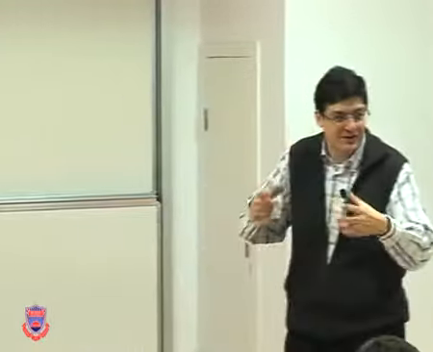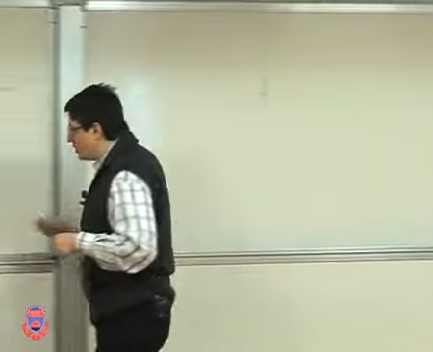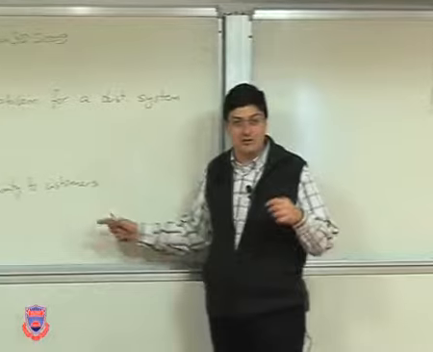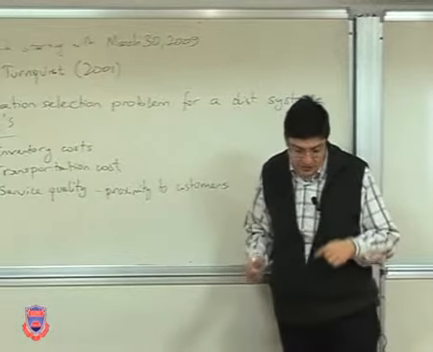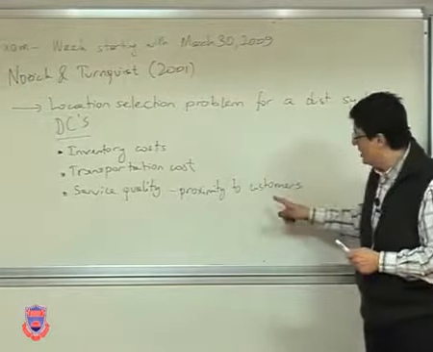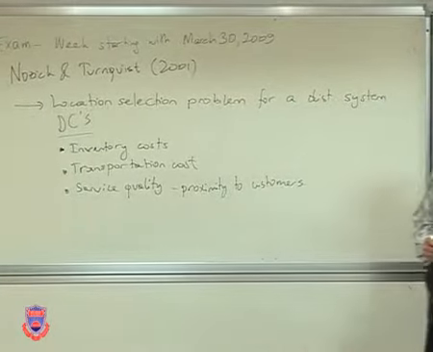Otherwise, you say that it's 0. Okay? So this is basically the way that it's defined here. Of course, you can give a cost to that rather than doing this, and we're going to talk about that later once we finish the paper. So proximity to customers or demand points is the way that we defined service quality.